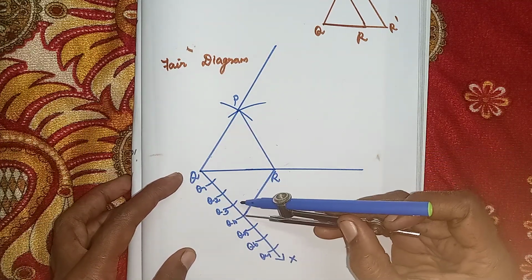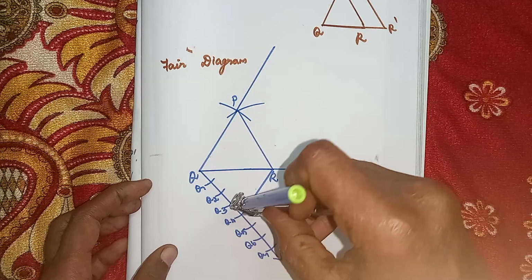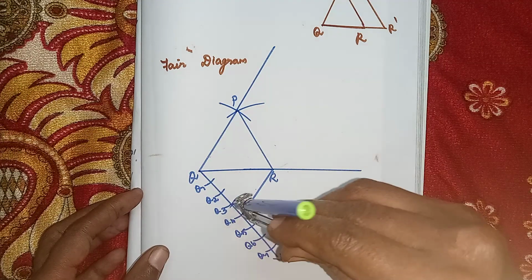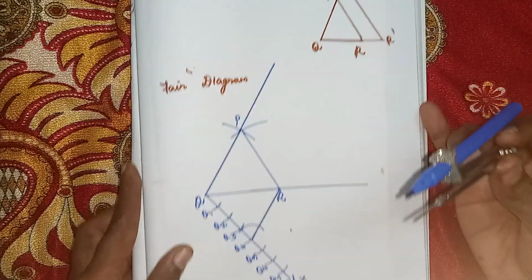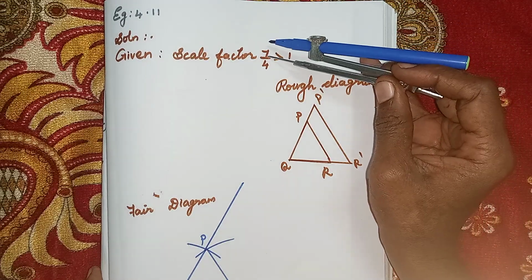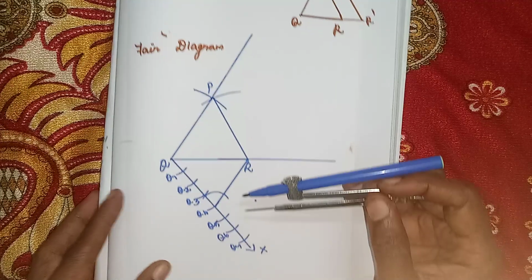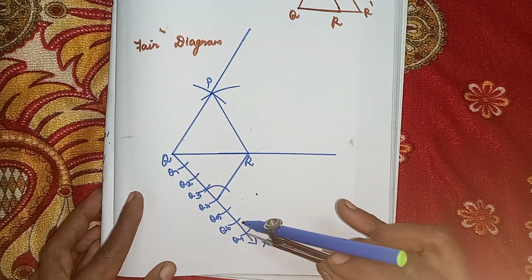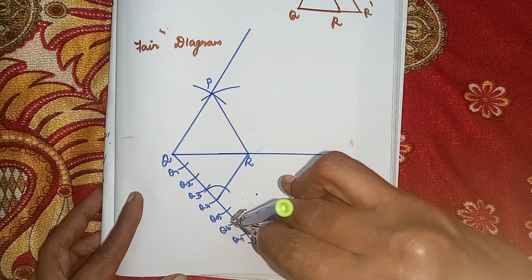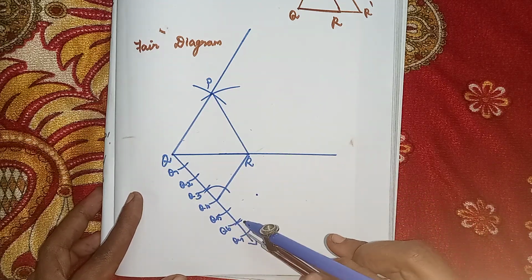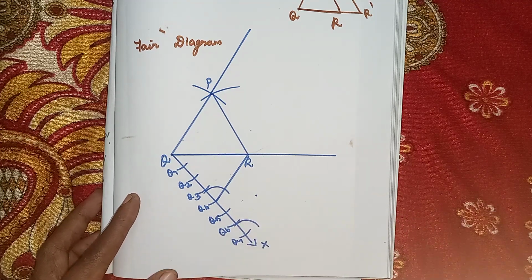In the seventh part, which is the numerator value, with the same measurement you have to draw an arc as well.